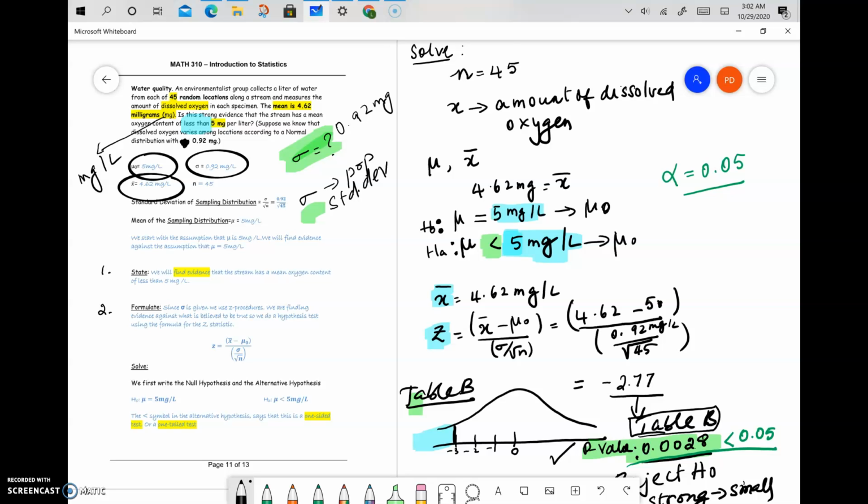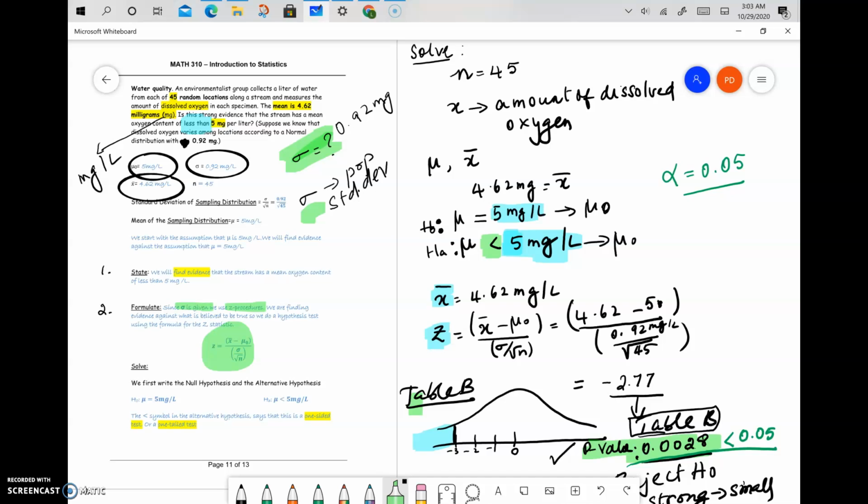So since sigma is given, that's the most important thing. Since sigma is given, we use the Z procedures. That should be your first sentence. If sigma is not given, in chapter 17, we are going to use the T procedures. We are finding evidence against what is believed to be true. So we do a hypothesis test using the formula for the Z statistic and write down the formula.